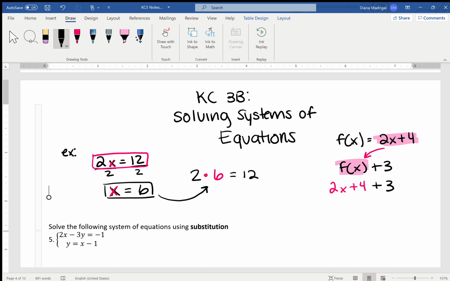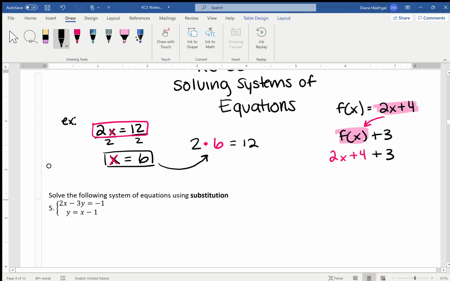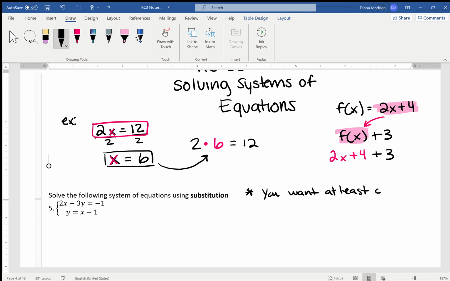For substitution, you definitely want at least one of the equations to be in slope-intercept form, which is also the y-intercept form.